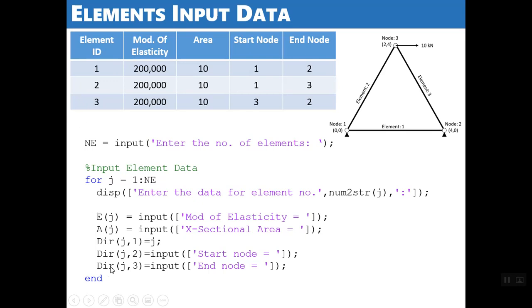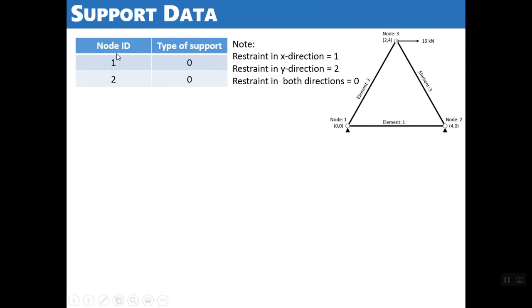After taking input of the elements, we have to move towards the next important input, and that is support data or support conditions. So we need this tabular form of data, node ID. Corresponding to node ID, we need type of support.